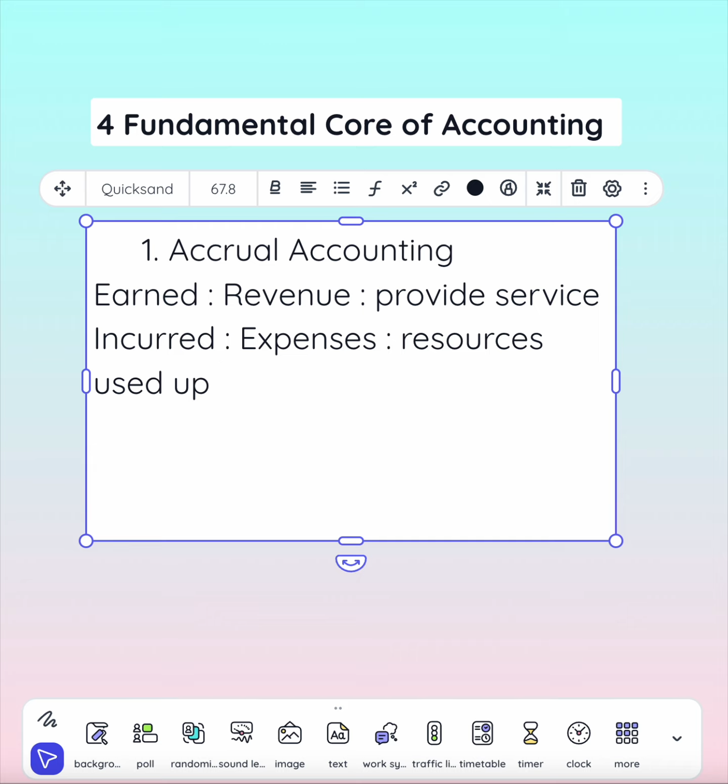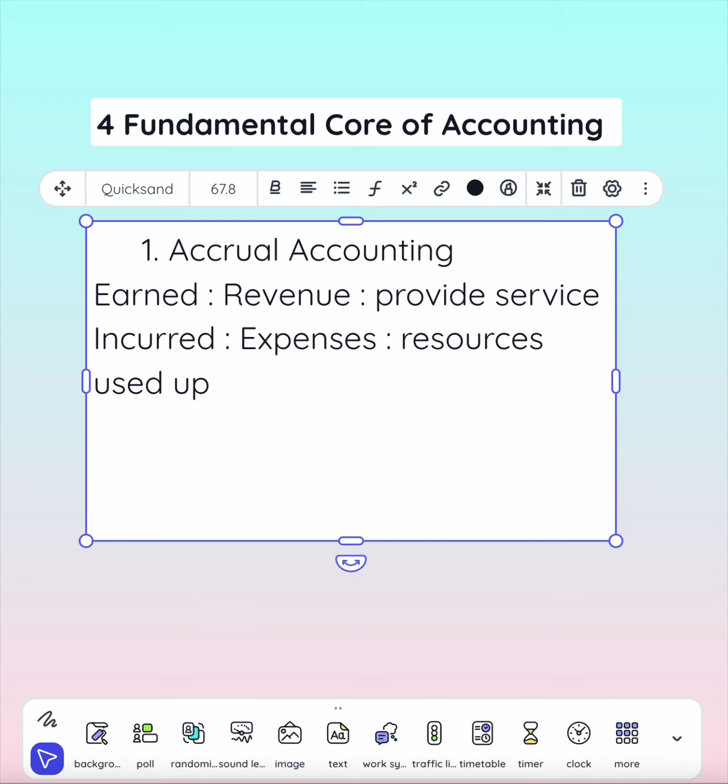So why is accrual accounting important? It's because it provides a more accurate picture of the company's financial performance over the period. It gives you a truer picture of the company's financial performance during a specific period, and it also helps managers and investors make better decisions based on the most complete financial picture. It contrasts with cash accounting. Cash accounting only records transactions when cash is received or paid.